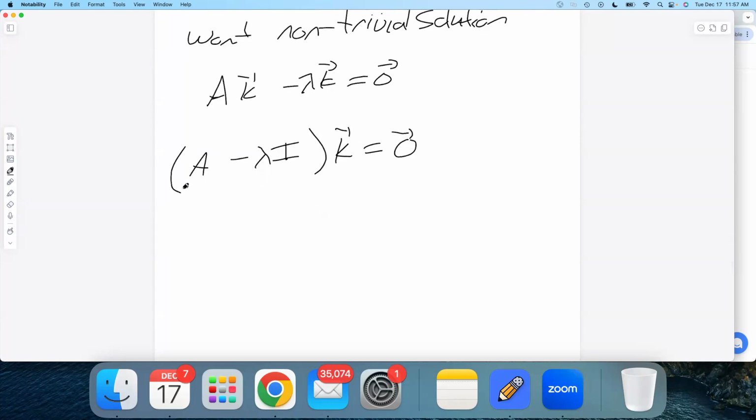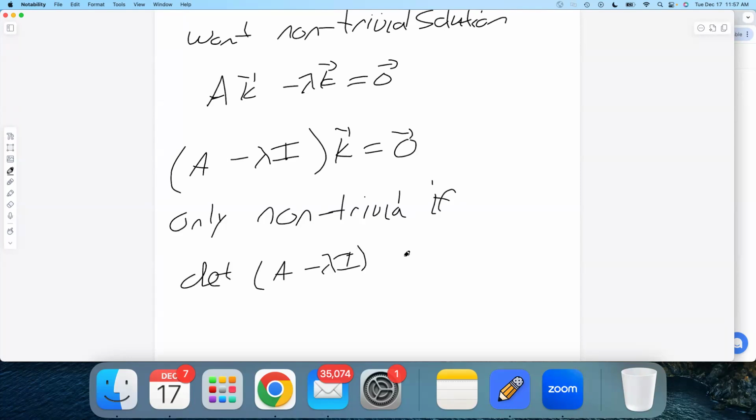The only way that's going to happen is if this guy here has 0 for a determinant. So this is only possible, or only non-trivial, I should say, if the determinant of A minus lambda I equals 0.